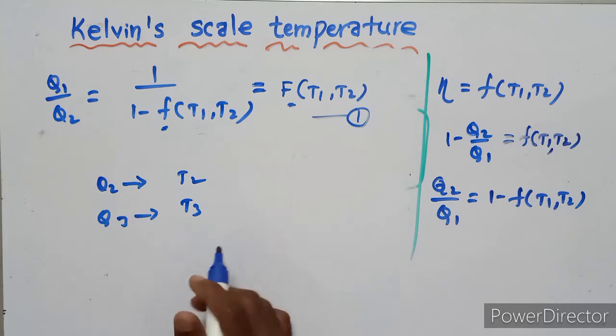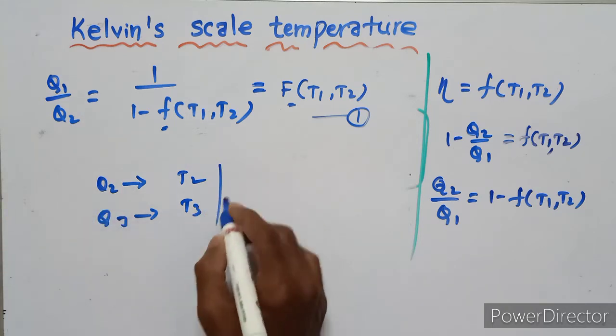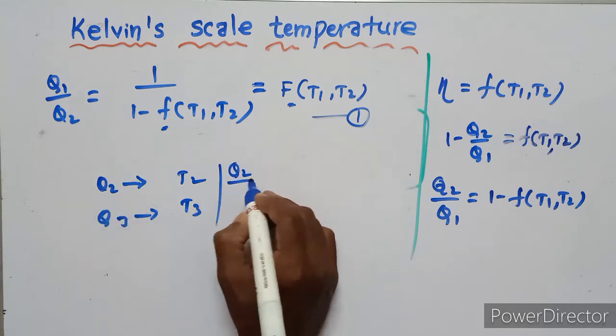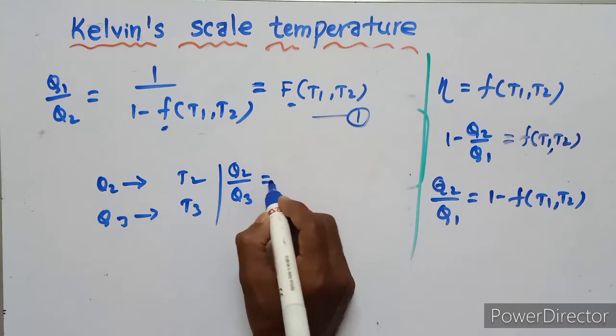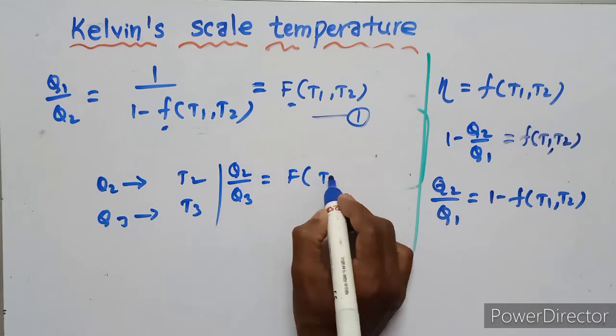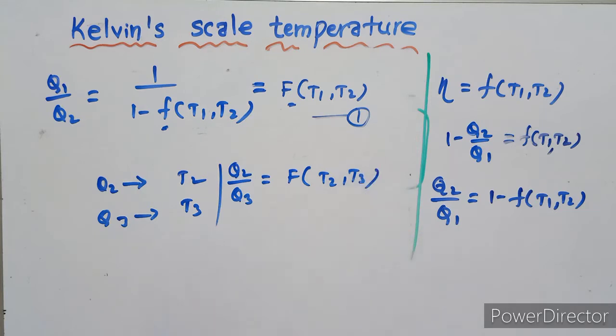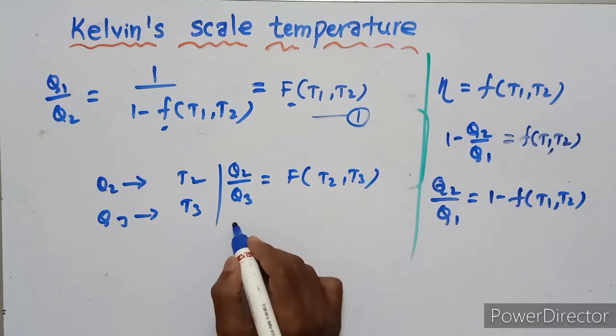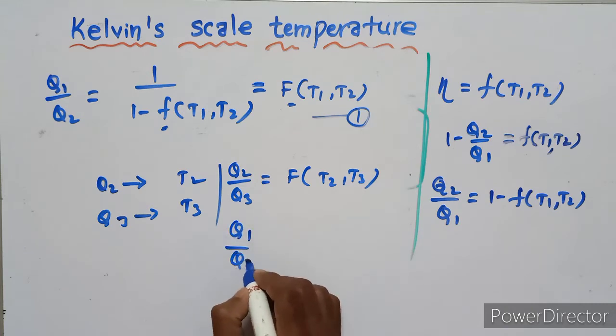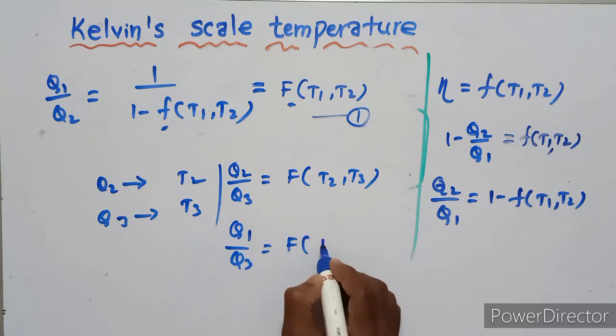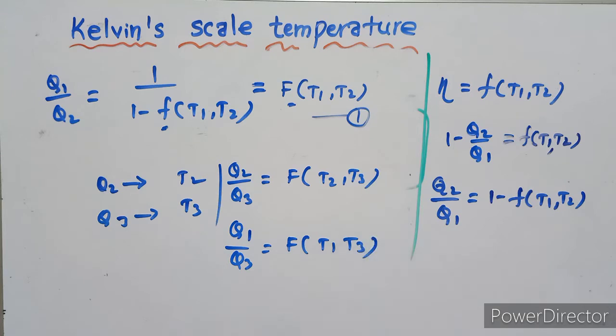Similarly, the first equation can be written as Q2 upon Q3 is equal to a function of T2, T3. This is the second equation. Similarly, Q1 upon Q3 is equal to a function of T1, T3. This is the third equation.